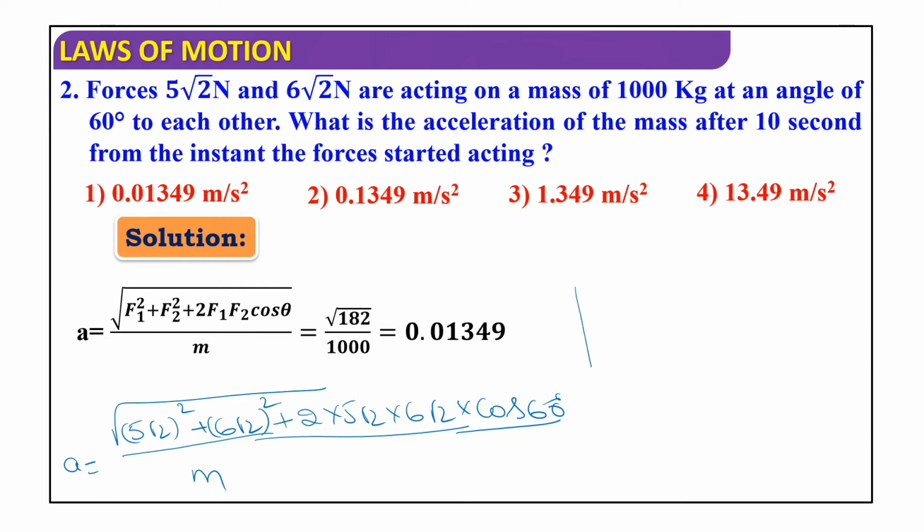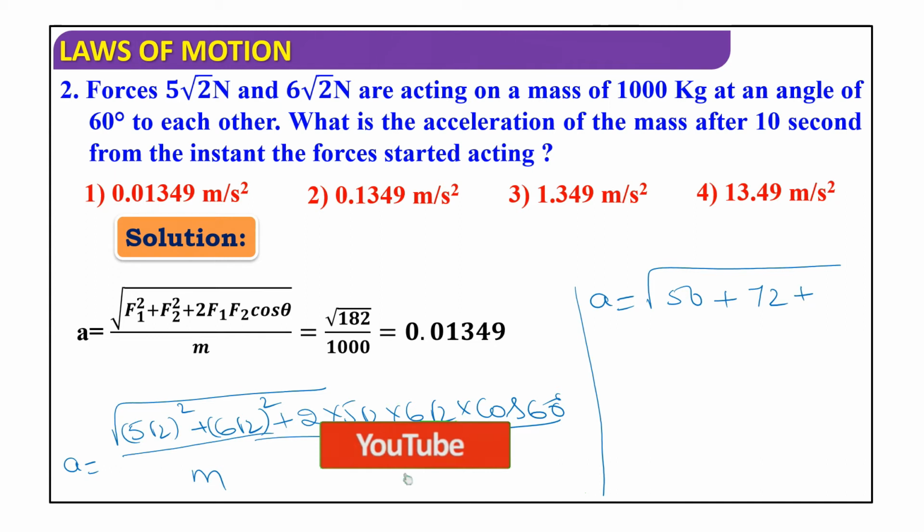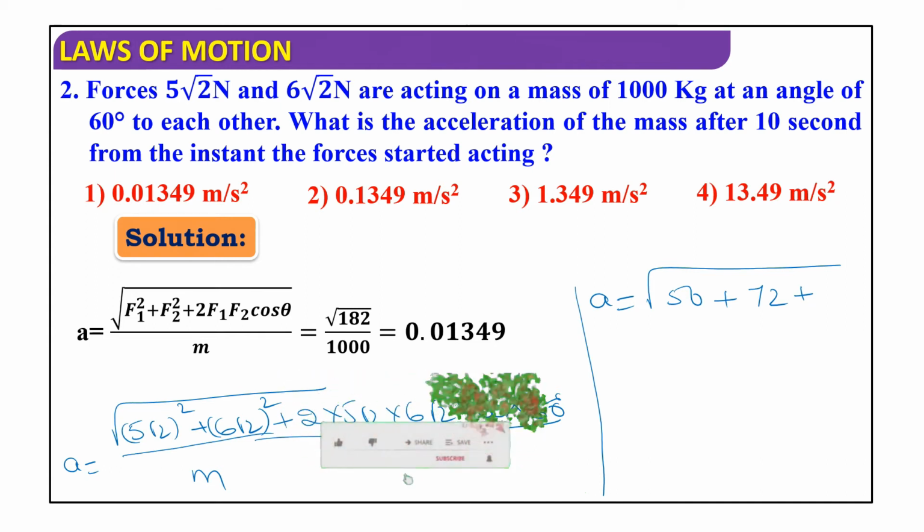So here we are getting: root 2 whole square is 2, so 5 square is 25, 25 twos is 50, plus 6 square is 36, 36 into 2 is 72, plus 2 into 5 root 2 into 6 root 2. Root 2 into root 2 is 2, and cos 60 is 1 by 2.